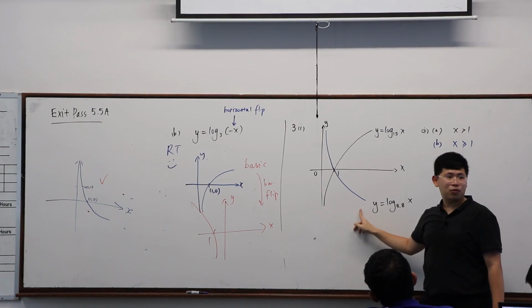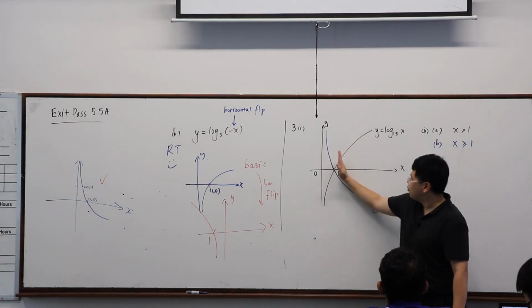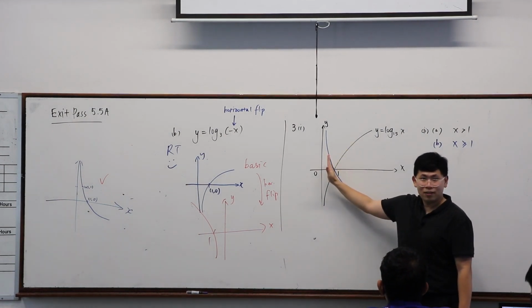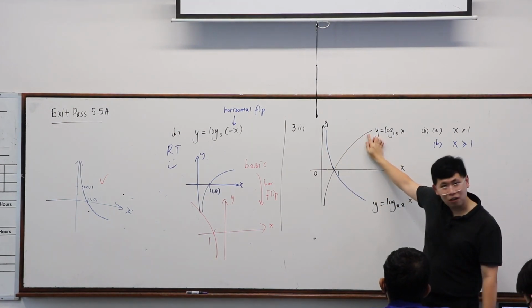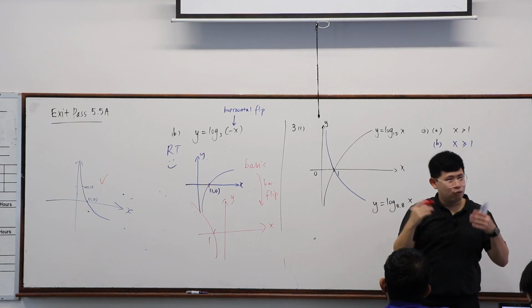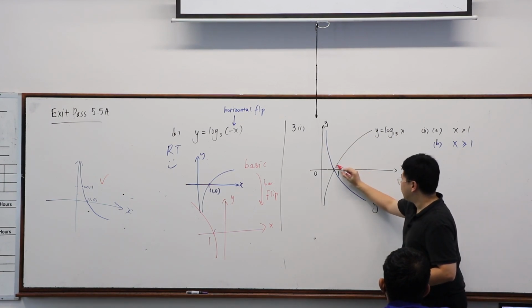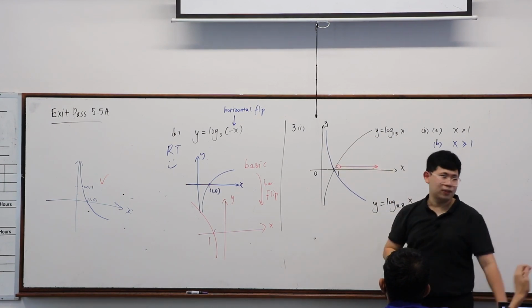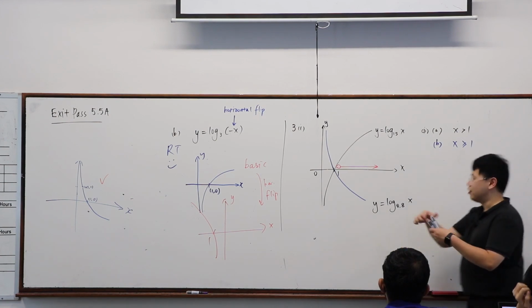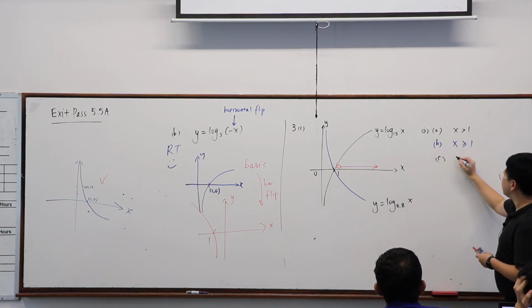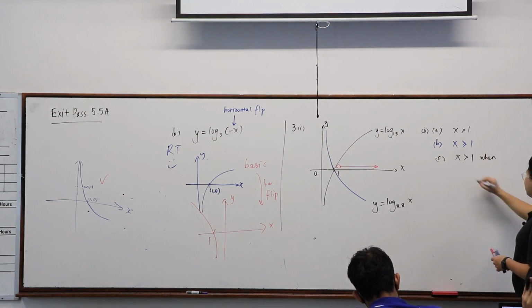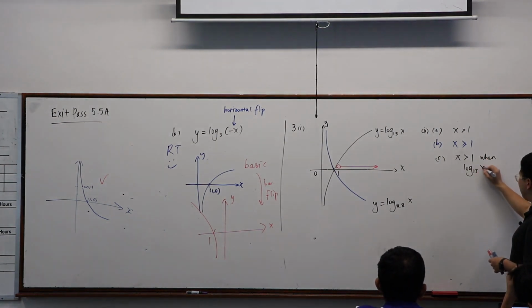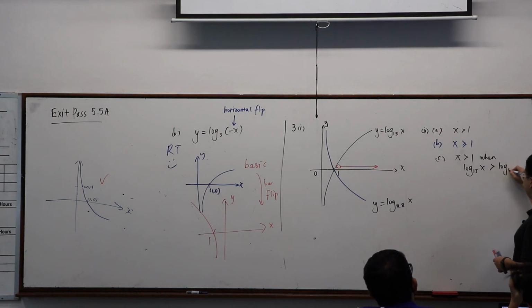The blue color is greater for the part before 1. And for the part after 1, the black color part is greater. So the x that we are referring to is this region over here. So for part C, the answer is x more than 1, when log base 15 of x is more than log base 0.8 of x.